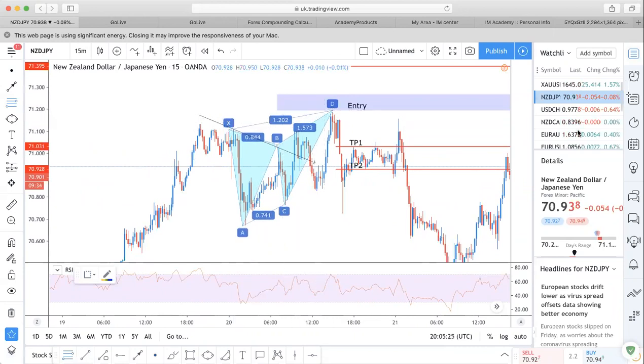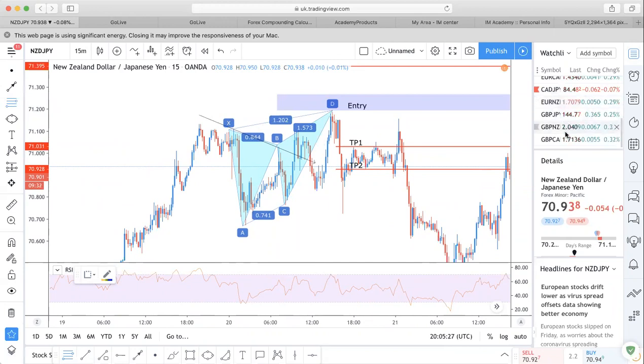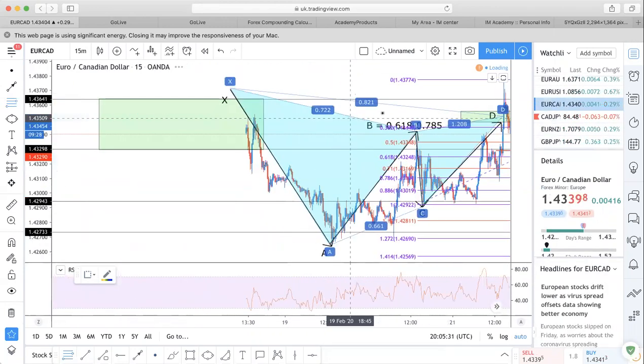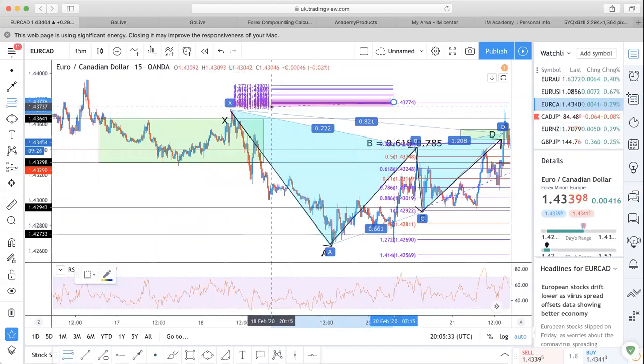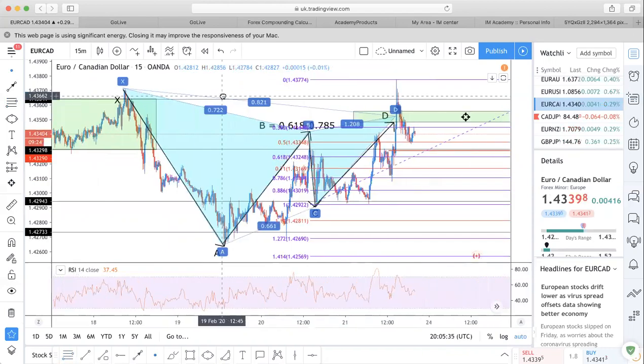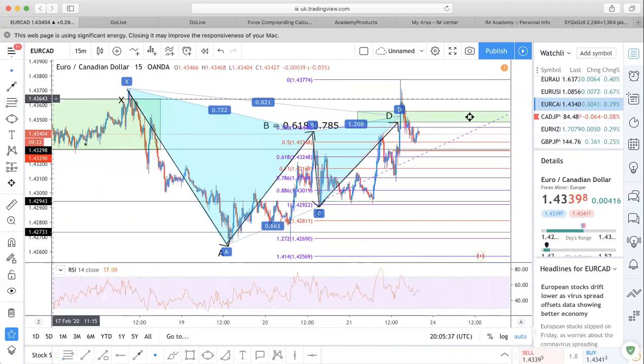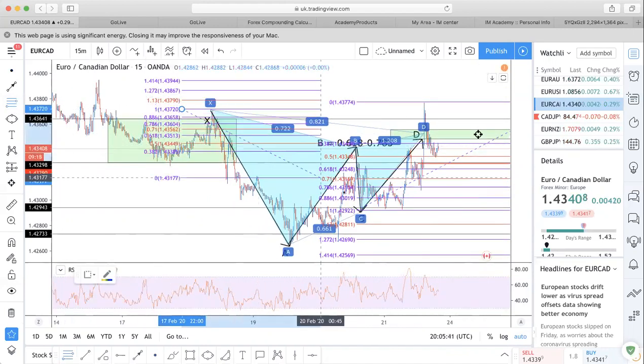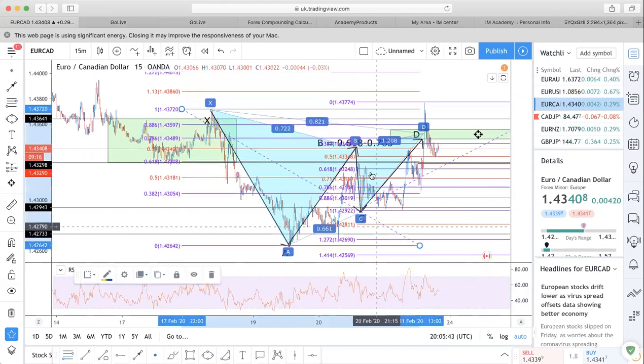Let's go back on the Euro card. So in this case, this is where my stop loss is going to be. I'm going to measure from X to A, and my typical stop loss is going to be at the 1.13 level. Let's put in the chat box: stop loss.